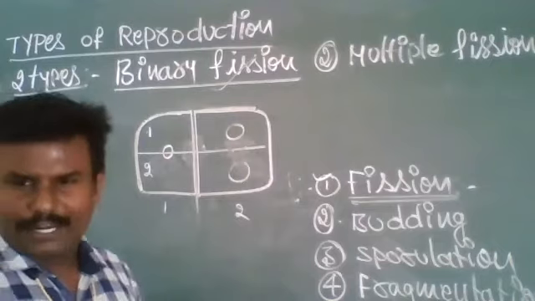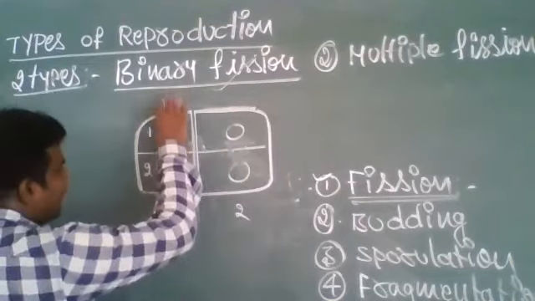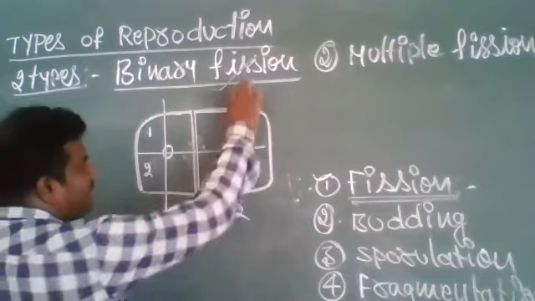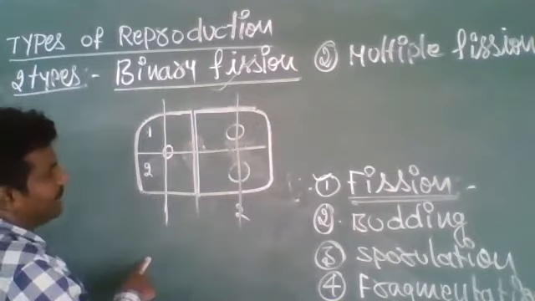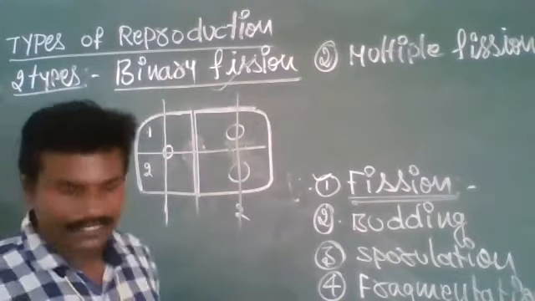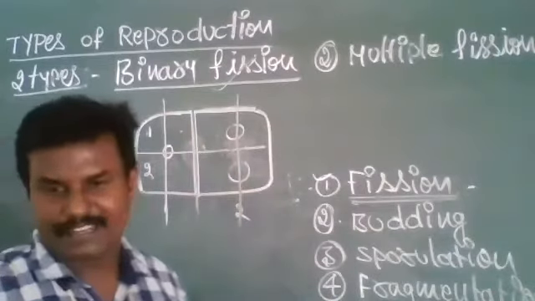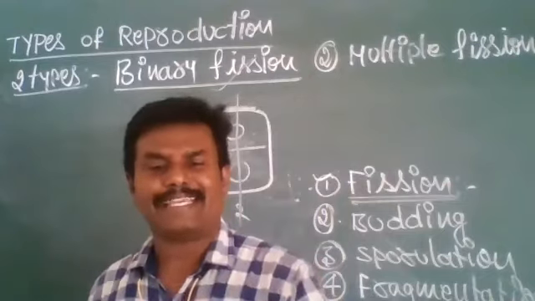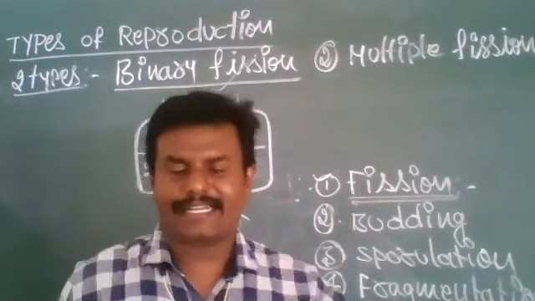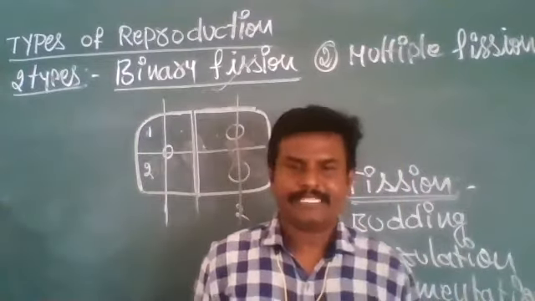One becomes two, two becomes four. After some days, it is again divided, so four parental organisms become 8. 1, 2, 3, 4, 5, 6, 7, 8. So 1 becomes 2, 2 becomes 4, 4 becomes 8, 8 becomes 16. Like that, their population is continuously multiplied.